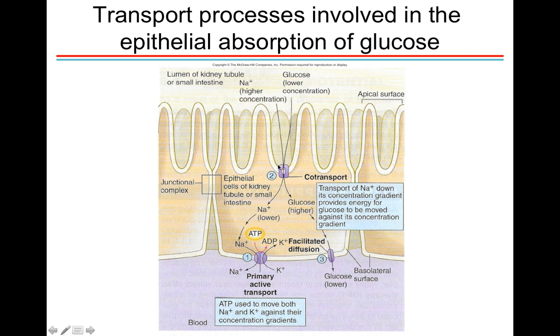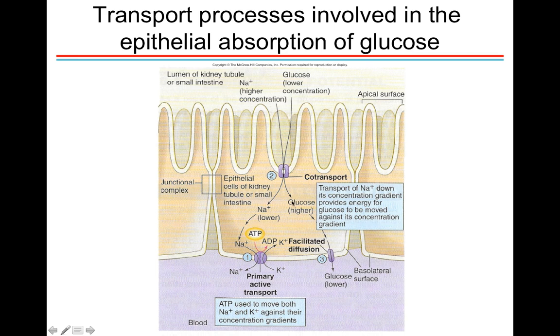Diffusion is going to want to bring that sodium from the intestinal lumen to inside of the cytoplasm. That glucose is not going to want to be doing that, right? It's not going to want to do that because it's in a low concentration on the intestinal lumen as compared to this epithelial cell. The glucose is going to want to be going out of the cell and into the intestinal lumen.